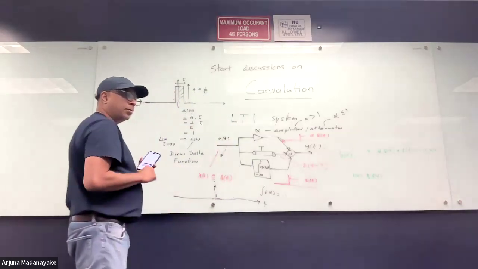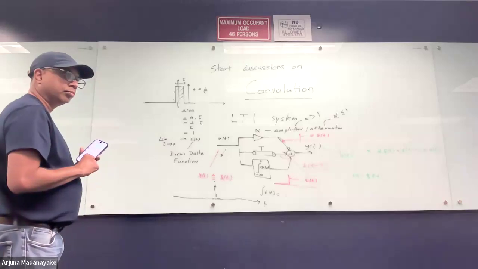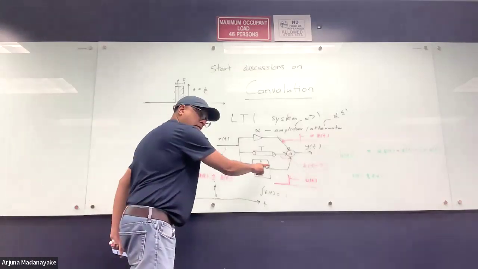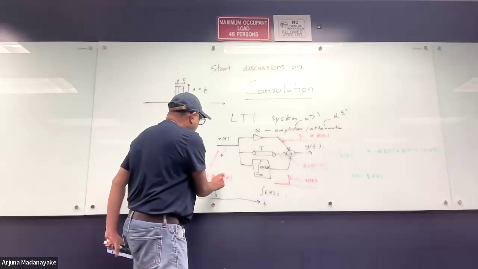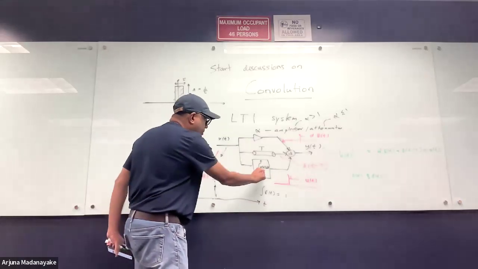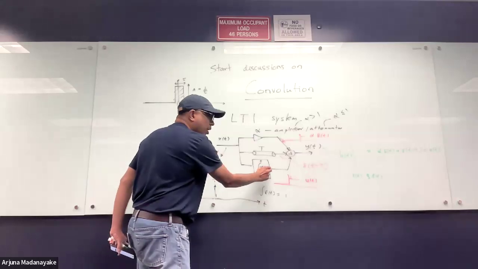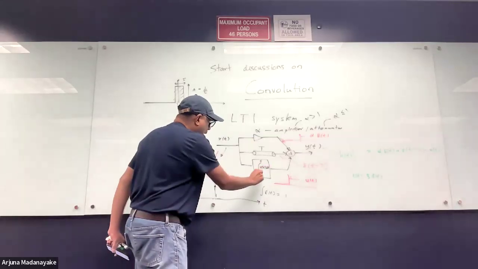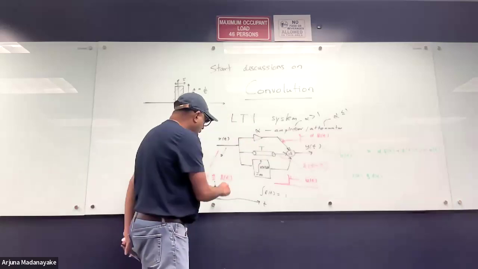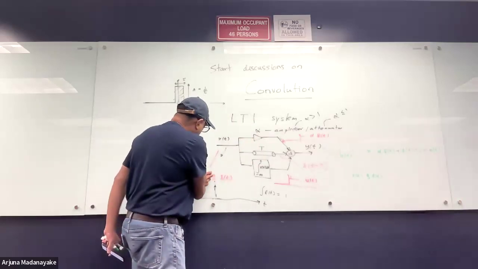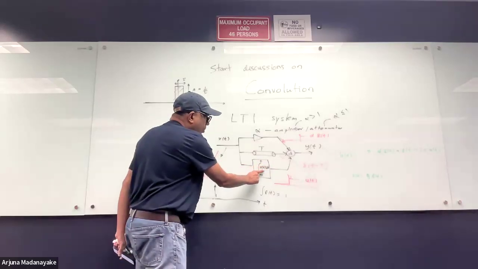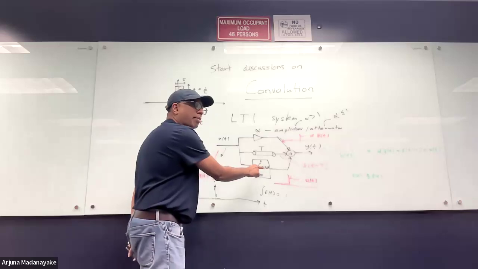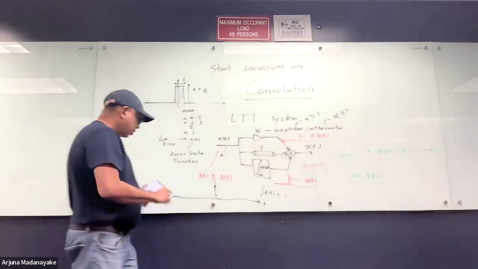So x of t was selected to be delta t, but t becomes lambda the moment you stick this inside here, because t and lambda are just temporary variables. So when I put this input x of t inside this integral, the temporary variable is called lambda. So delta t becomes delta lambda, which is still the same. Oh, okay.